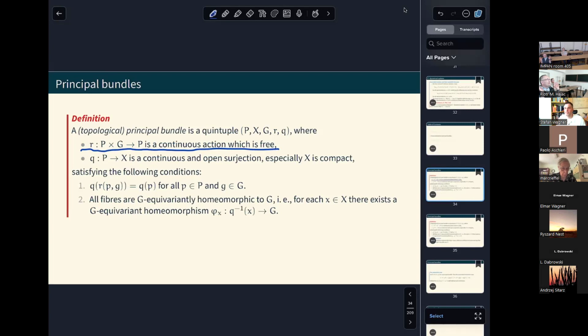I'm sorry, point number two, I'm confused. Q is a continuous open surjection, and X is compact. I just don't understand the English. You have a continuous and open surjection, and since my space P was assumed to be compact, the image will also be compact.